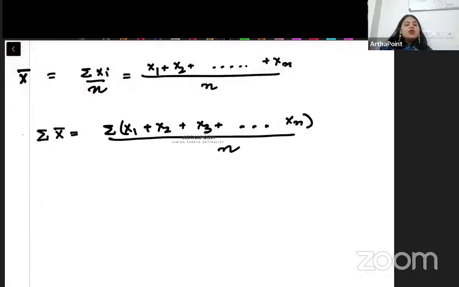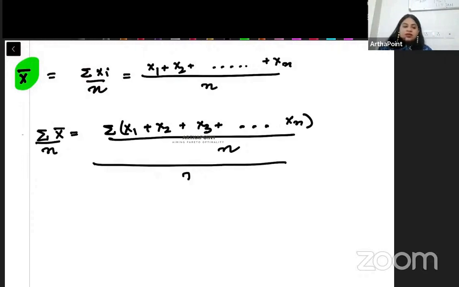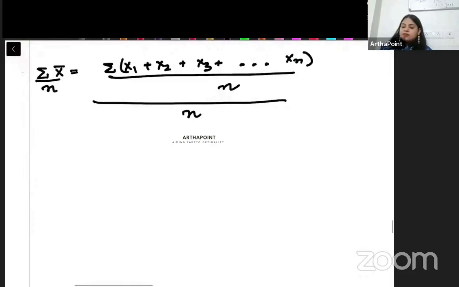It is asking what is the mean of x bar. To find the mean of x bar, I sum x bar and divide it by n. This is the expected value of x bar.